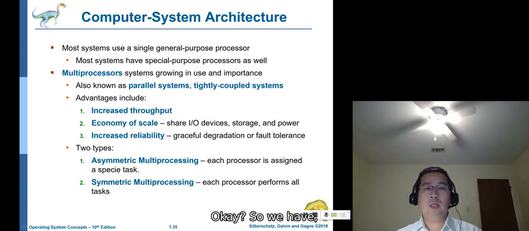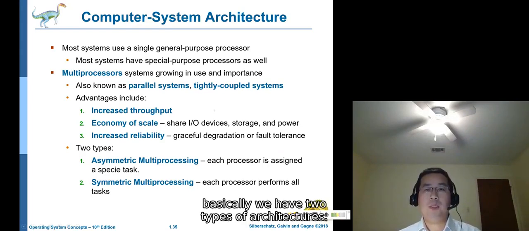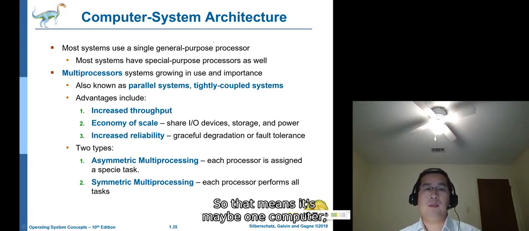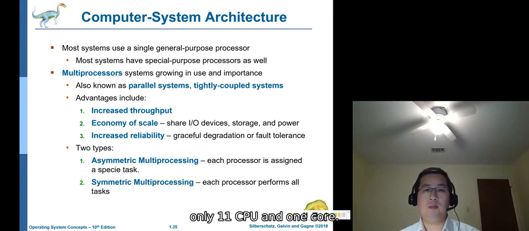So we have two types of architectures. The first one, of course, is just a single general purpose processor. That means this system is only one computer system. It may be one computer with one CPU, several CPUs, or multiple cores, but most probably only one CPU and one core.